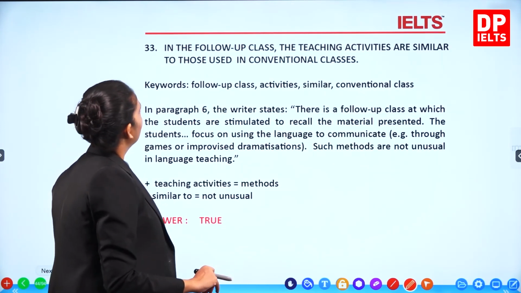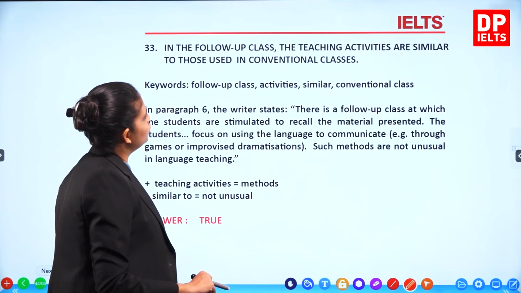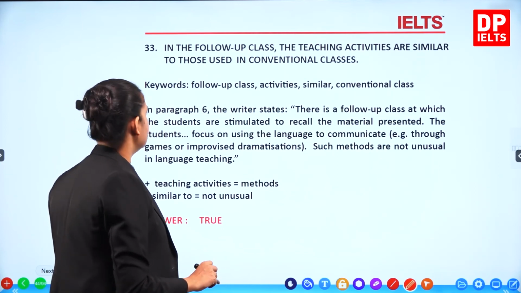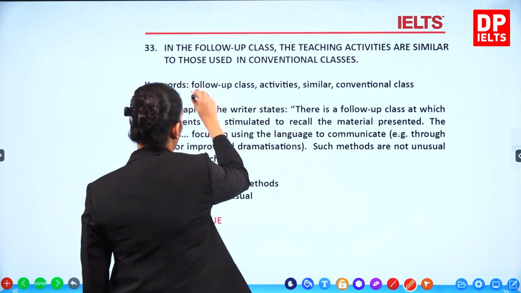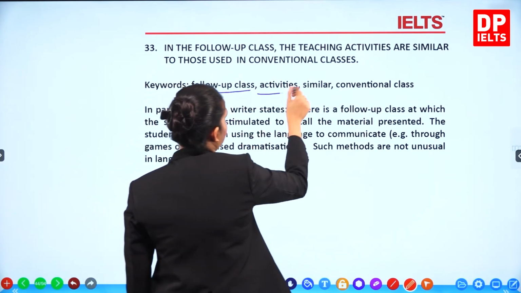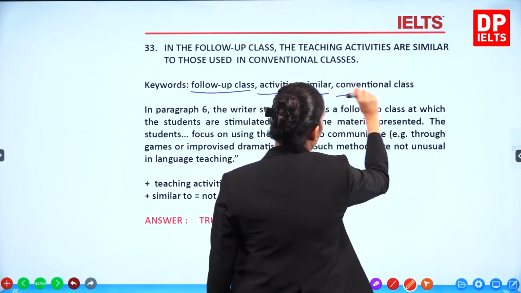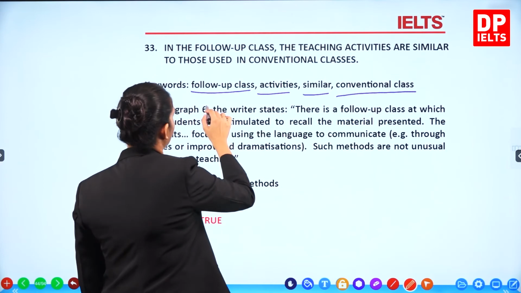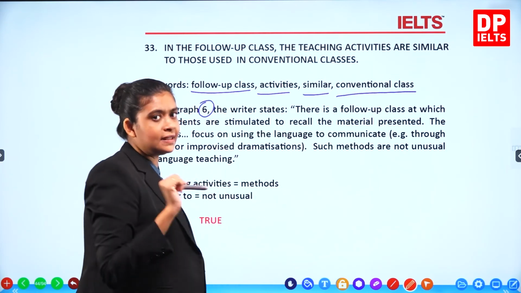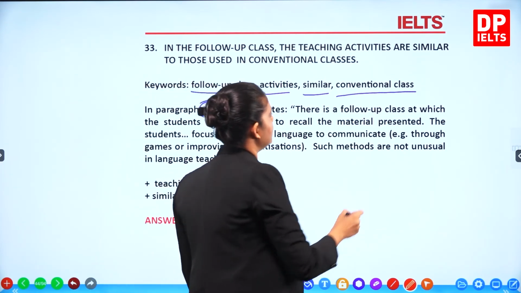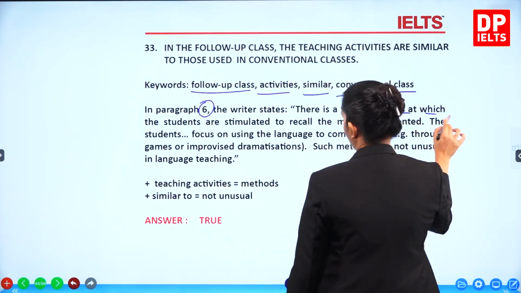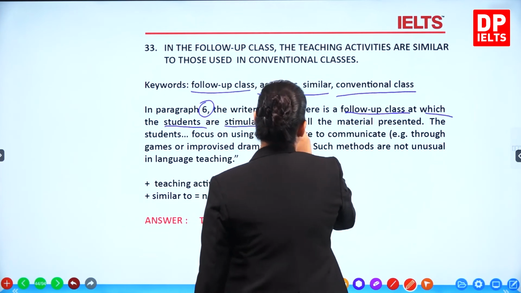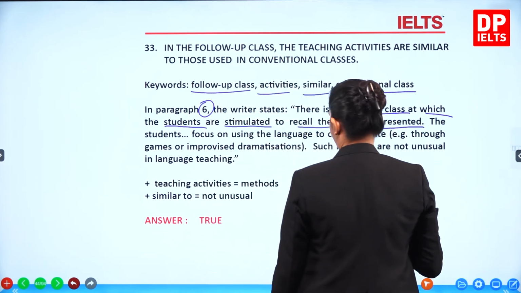33. In the follow-up class, the teaching activities are similar to those used in conventional classes. Follow-up classes, activities, similar, conventional class. In paragraph 6, the writer states, there is a follow-up class at which the students are stimulated to recall the material presented.